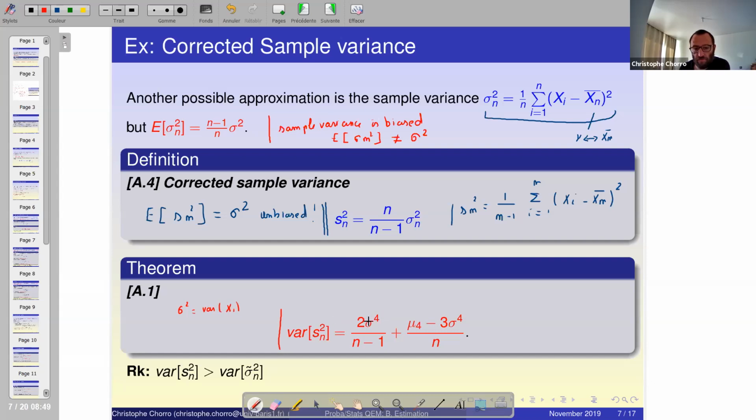So here I have just the variance square, sigma 4, and mu 4 is just the fourth centered moment, this one.